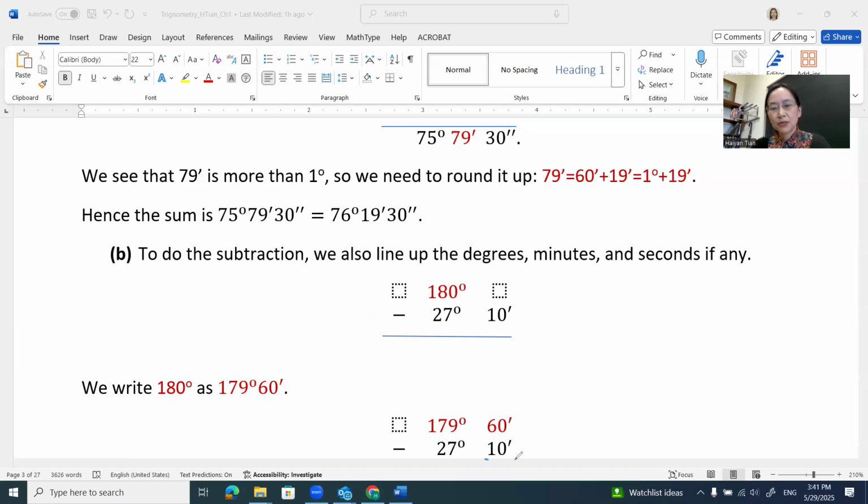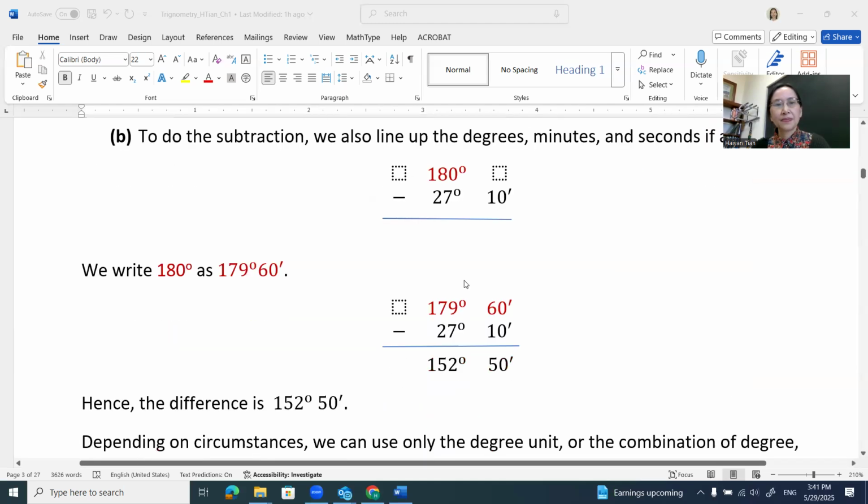So you see, subtract 10 minutes from 60 minutes, you get 50. And then you subtract 27 degrees from the 179 degrees, right? You will get 152. And then the difference is 152 degrees, 50 minutes.